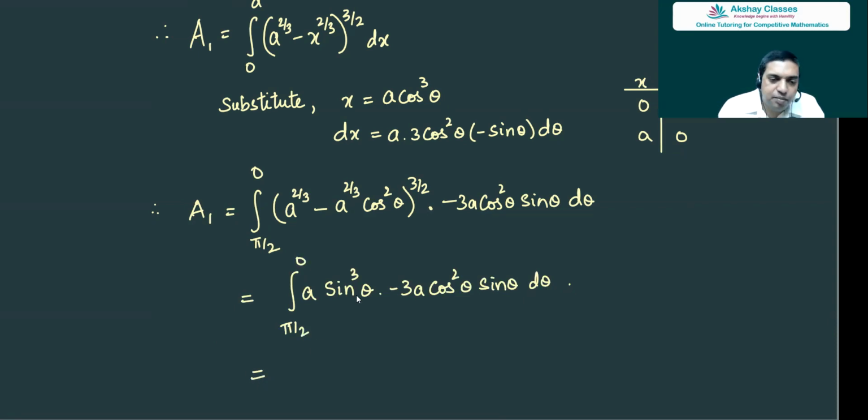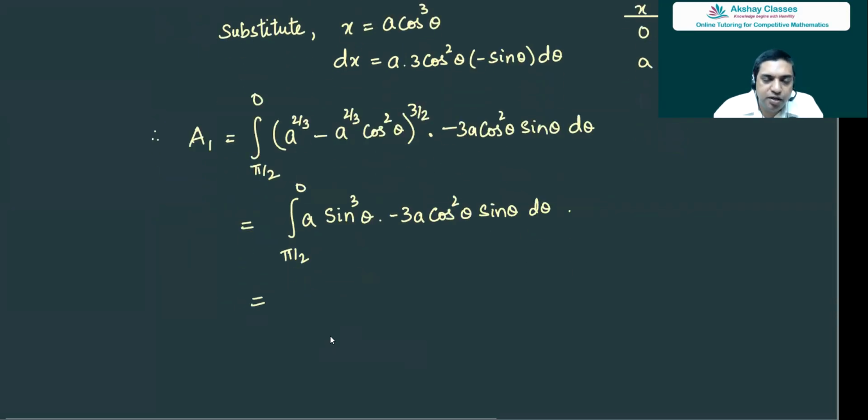Now we take the minus sign. We remove the minus sign by interchanging the limits. Integral a to b f of x dx is equal to minus integral b to a f of x dx. So when you change the limits, the negative sign goes away. And then we have 3a square sine to the power 4 theta cos square theta d theta.